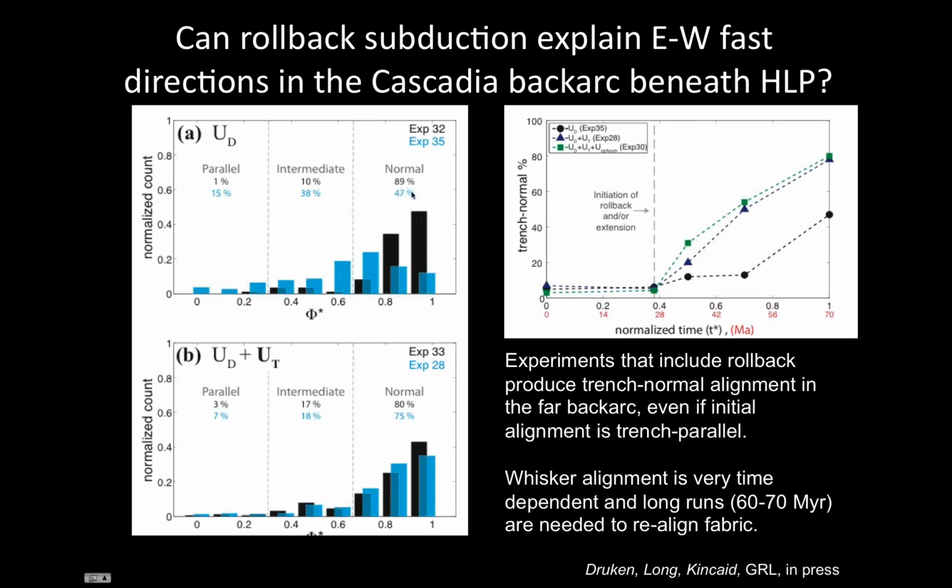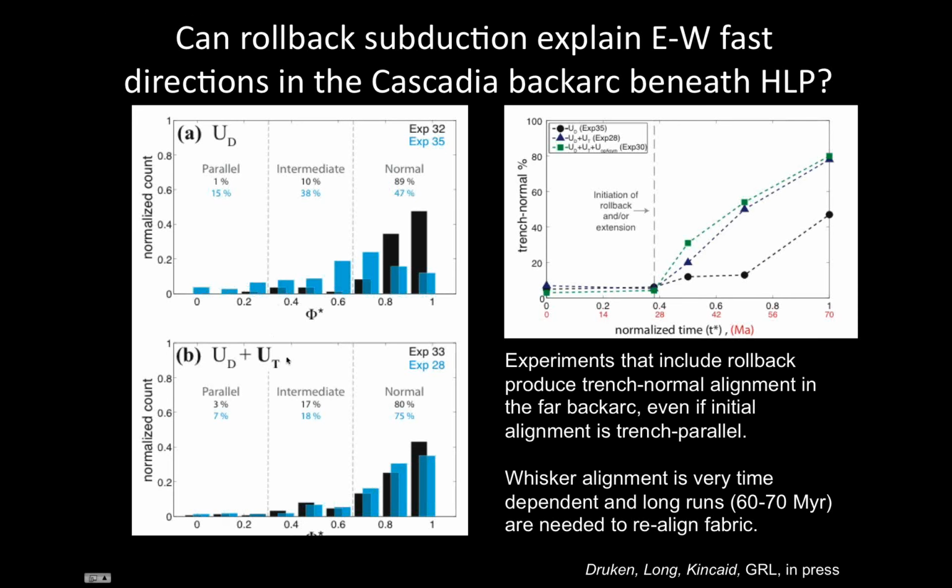The blue case, these are ones that were initially aligned parallel to the trench. And what's being shown here is that when you only have down dip motion and you're trying to realign whiskers that were initially trench parallel, down dip motion does not do a very good job of doing this. So in the end, you end up with only about less than half of your whiskers aligned parallel to the plate motion and perpendicular to the trench.